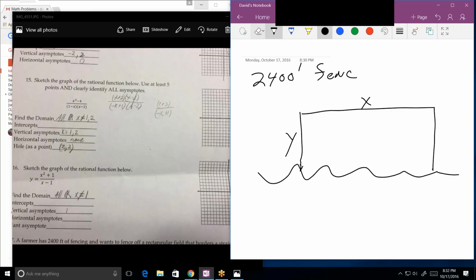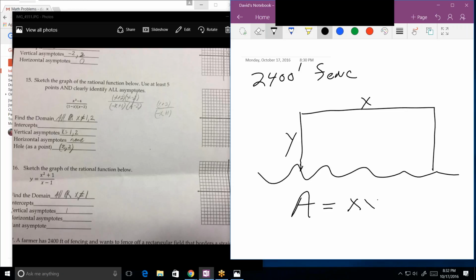Now, the question says, figure out the dimensions of the corral so that you have the maximum area, right? So we need an area function. What's the area function? Area function would be x times y.